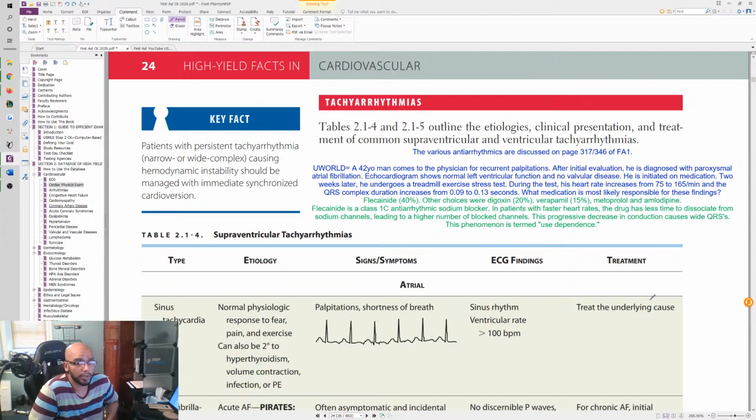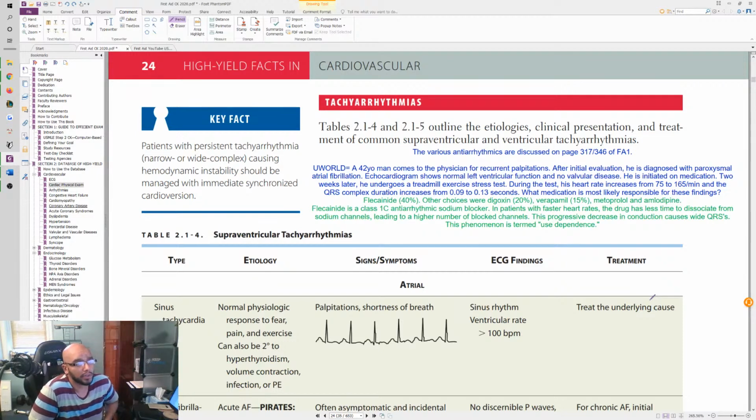And this was really random because you don't really think of medications that could do something like this, but the answer here was actually flecainide. So flecainide is a class 1C antiarrhythmic sodium blocker. In patients with faster heart rates, the drug has less time to dissociate from sodium channels, leading to a higher number of blocked channels.